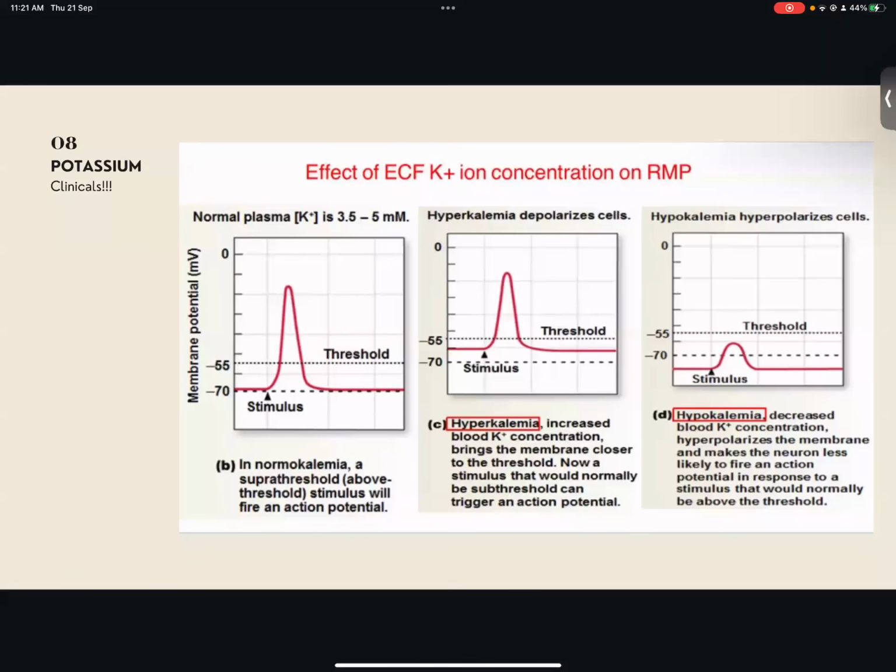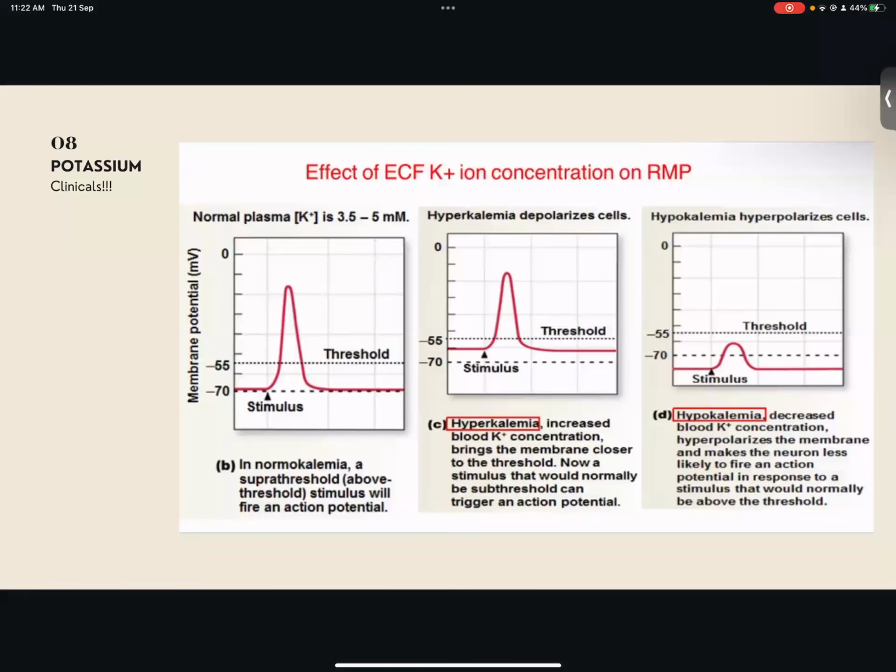Hyperkalemia depolarizes cells. Okay, so your resting membrane potential should be around negative 70 millivolts. If you have too much potassium outside of the cell, remember what I said about the magnitude? The magnitude of the current flow is based on the size of the driving force and the permeability to the ion. So the size of the driving force is what changes here with hyperkalemia.